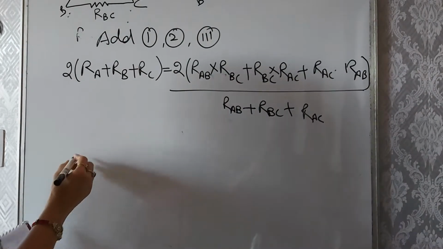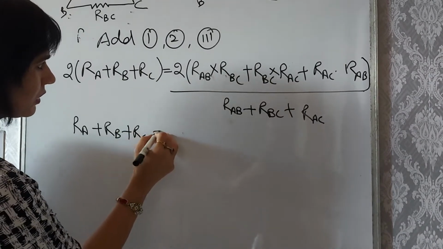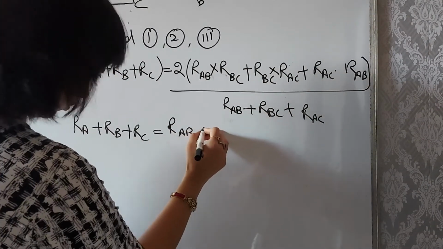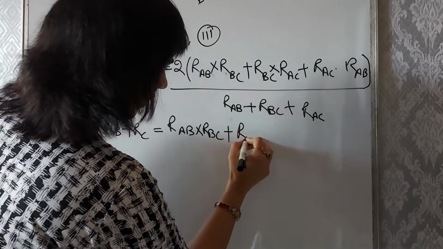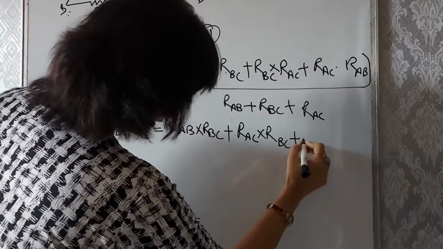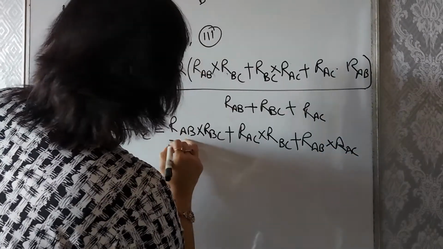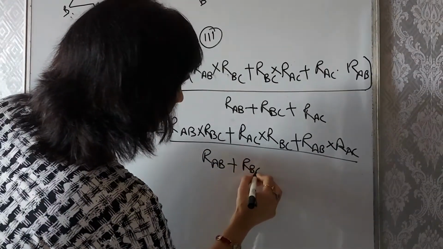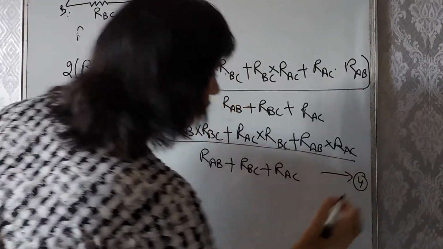When we solve this, the equation will become RA plus RB plus RC is equal to RAB into RBC plus RBC into RAC plus RAB into RAC upon RAB plus RBC plus RAC. We write this as equation 4.